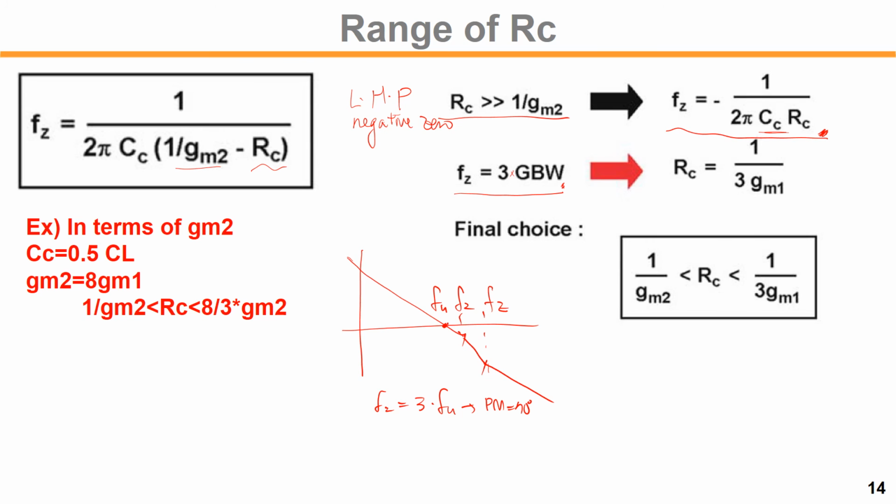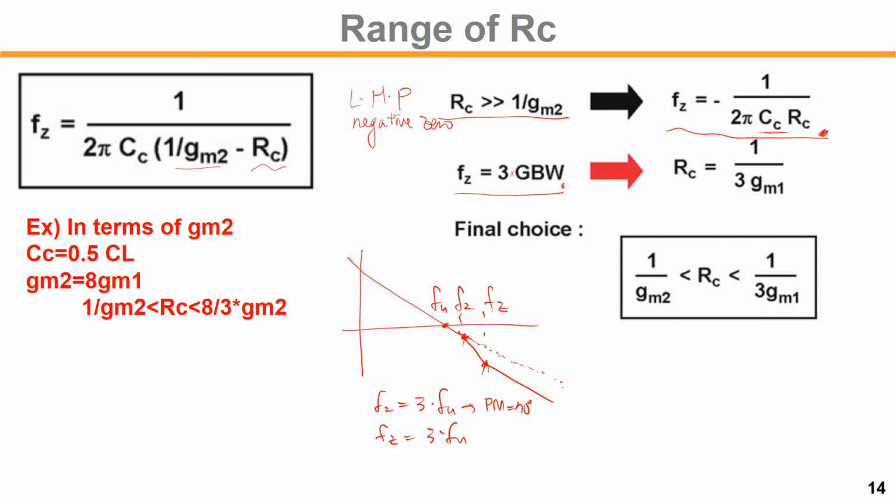We can do similar: FG2 also 3 times FU, then the response will be flattened out. This second pole and zero will be at the same location. So if you place that, we can get a straight line of the gain response.